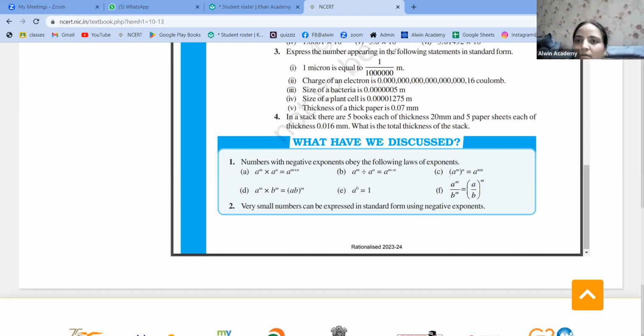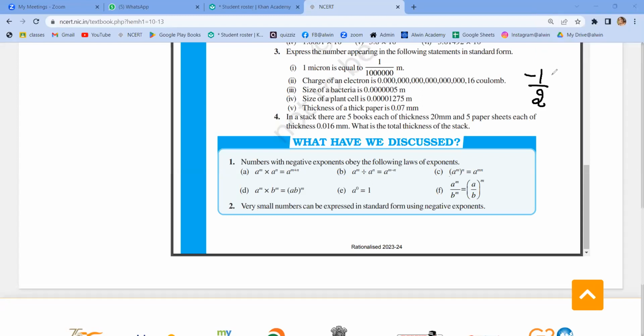Ma'am, what is the cube of -1/2? Come again, bacha. Ma'am, what is the cube of -1/2? Okay, I'll solve it now. Look, you are asking me to solve the cube of -1/2.